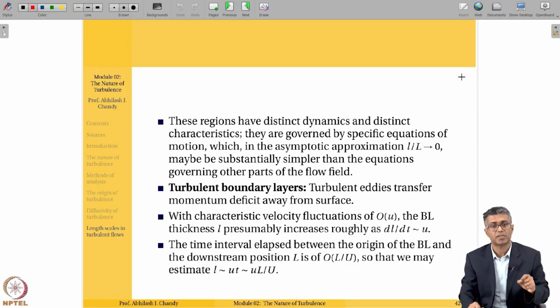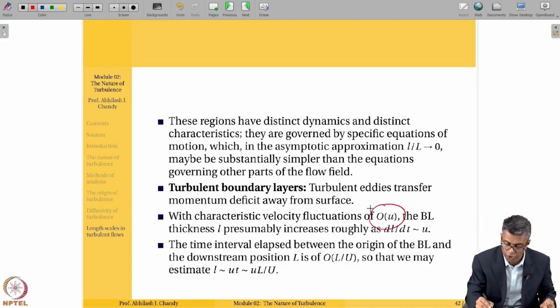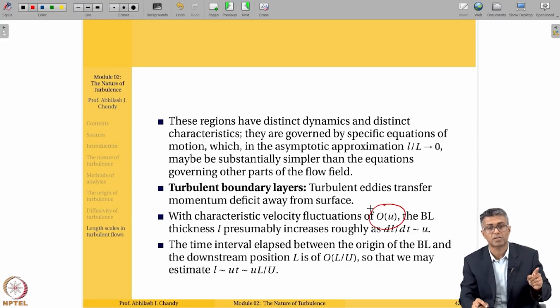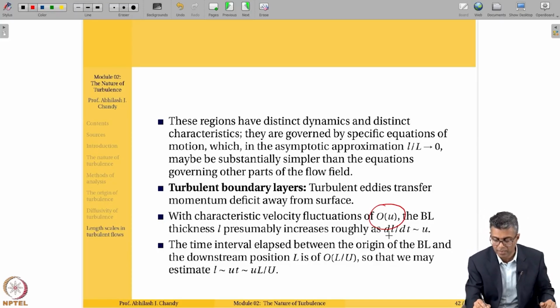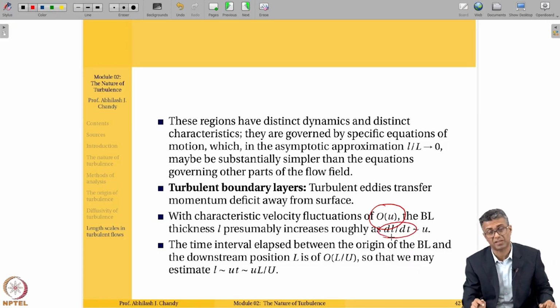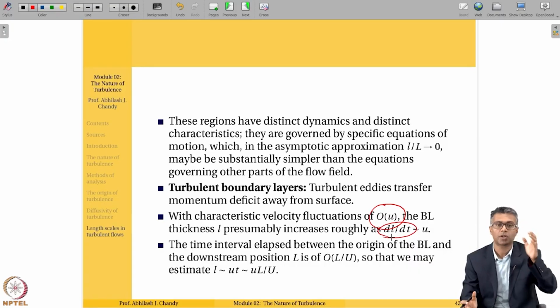The turbulent eddies transfer momentum deficit away from the surface, we know that, and with the characteristic velocity fluctuations of the order of small u, the boundary layer thickness increases at a rate. For example, this is the rate at which the boundary layer thickness is increasing, dl/dt, which has to be equal to small u, because that is the velocity scale here.